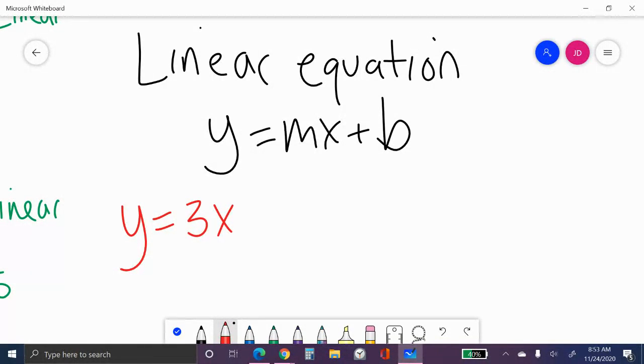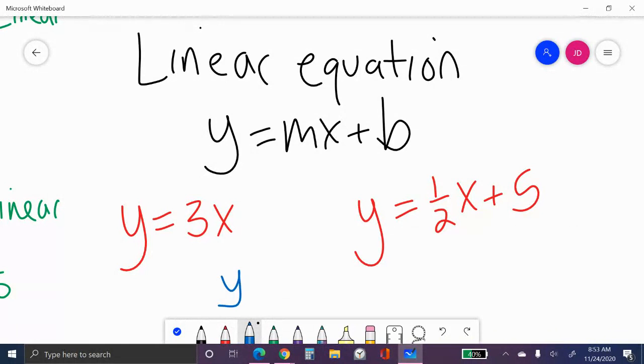You can have an equation that looks like this, 1/2 x plus 5. You could have a linear equation that looks like this. Let me write it below here: y equals negative 4 minus x.